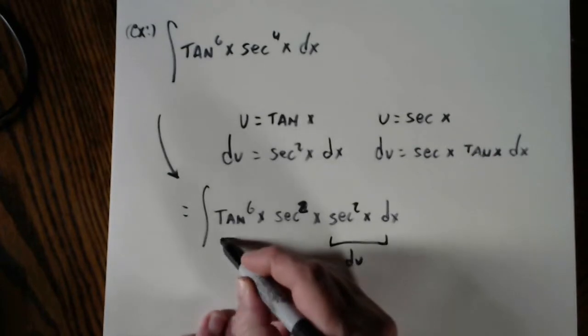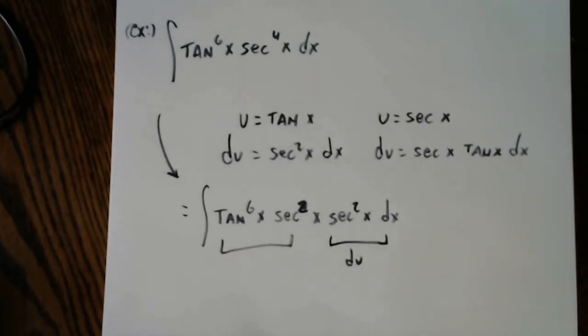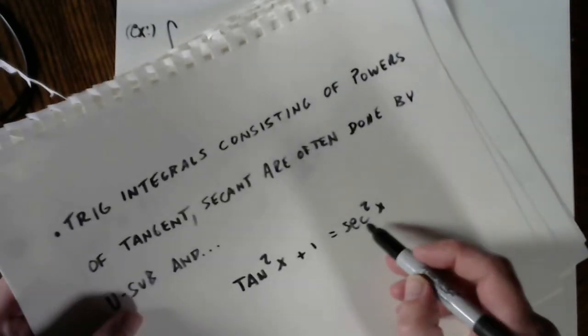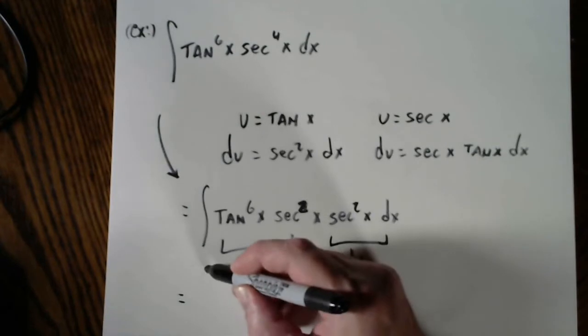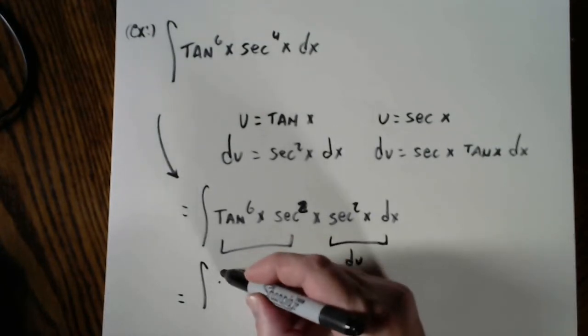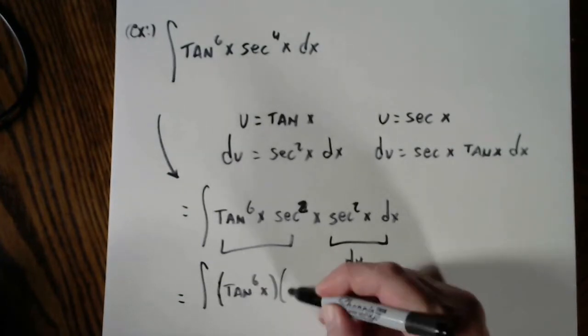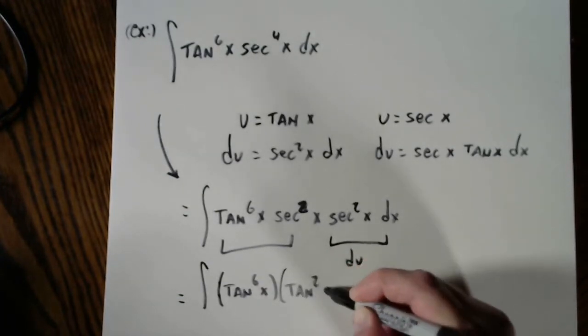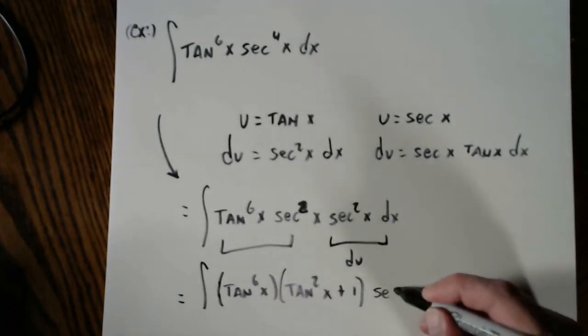The question is, can I write everything else in tangent? And based on this previous identity, that's a yes. I can replace that secant squared with tan squared x plus 1. So now everything's in tangent, and this will be my du.